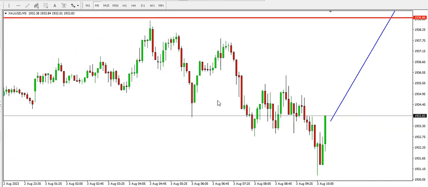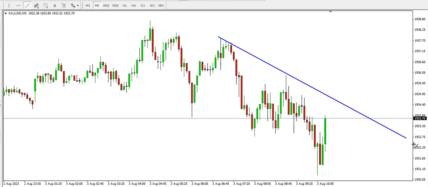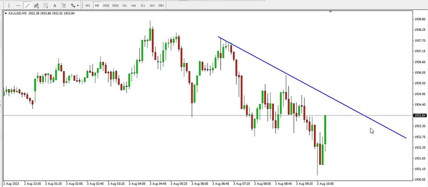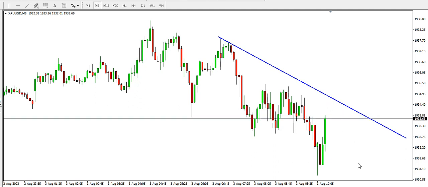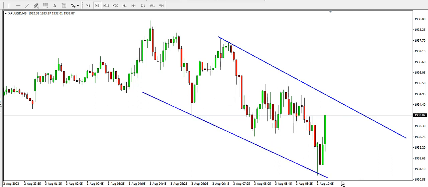On the 5 minutes time frame, you can see that the buyers are trying to step in, but we have this particular descending trend line. In as much as this trend line holds, price is expected to continue to slide, because price is already in a downward channel.